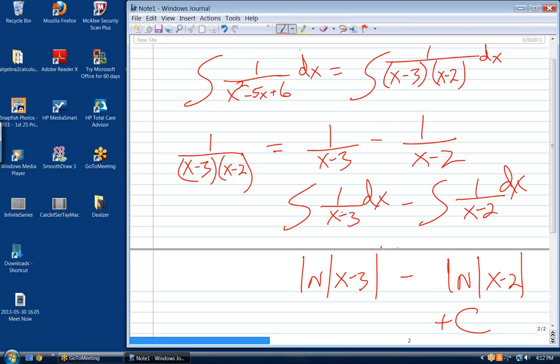Now, if it was x squared, I couldn't do that. But notice that the derivative of this is just 1, so I don't have a problem with the variable anymore. In other words, if I take the derivative of this to see if I get 1 over x minus 3, I do. Precisely. It's 1 over x minus 3 times the derivative of the inside, which is just 1. In other words, if this was x squared, then the integral would not be natural log of x squared minus 3.